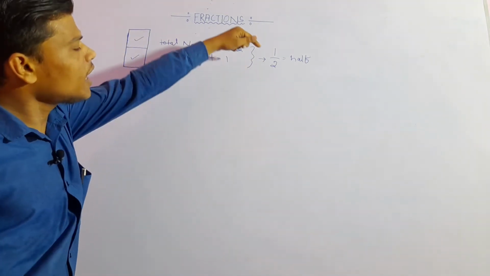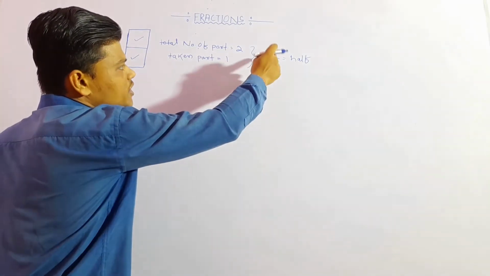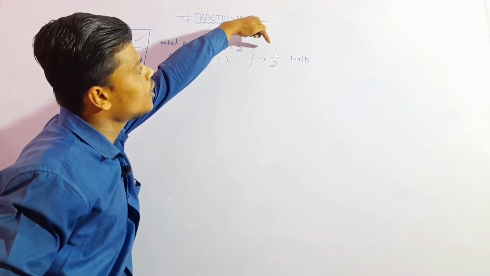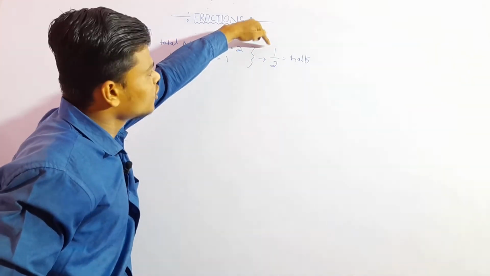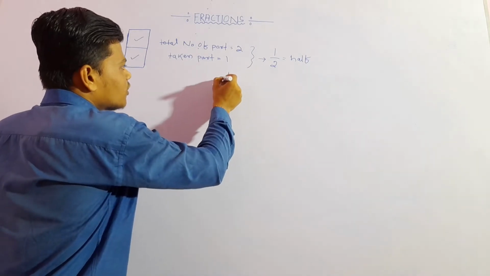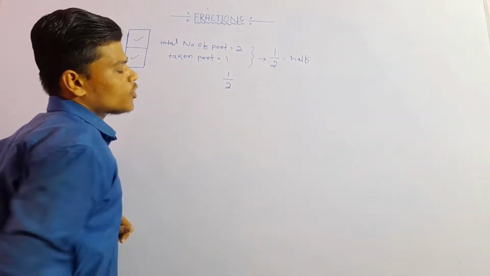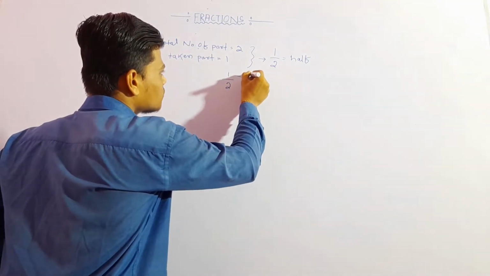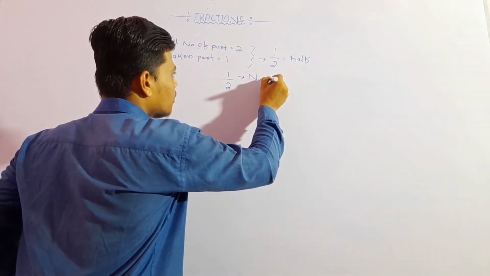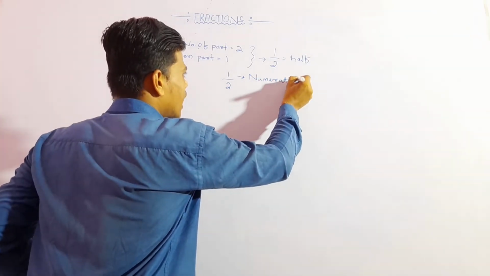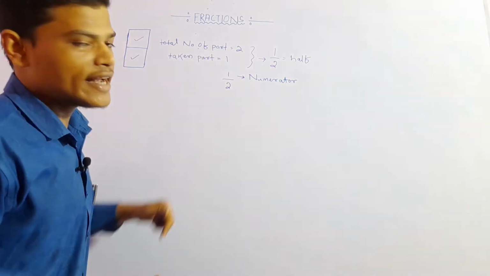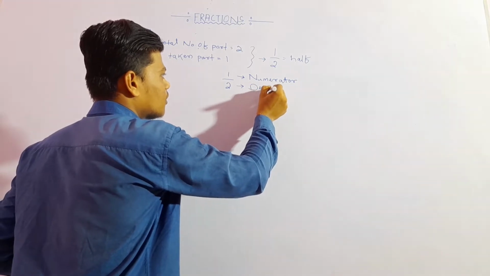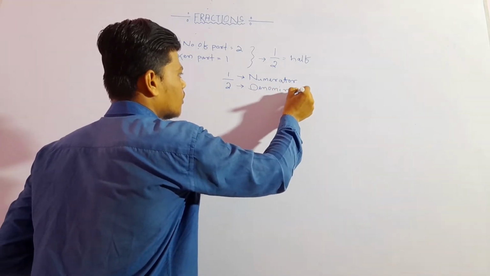Here this is the dividing line, which separates the total number of parts and the number of taken parts. The number above the dividing line is known as the numerator, and the number below the line is known as the denominator.